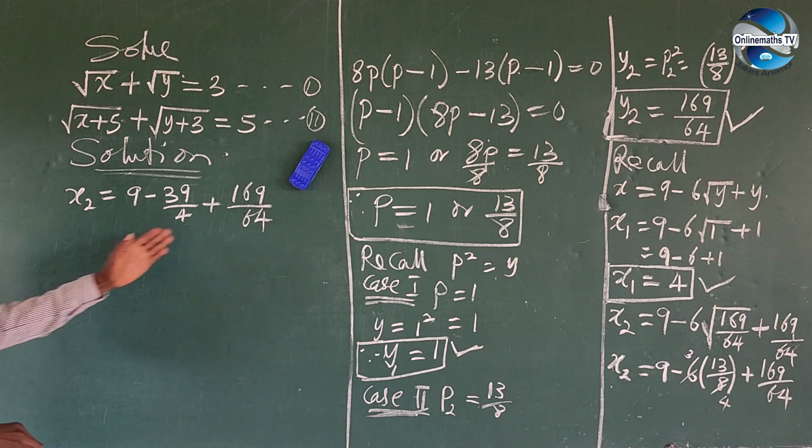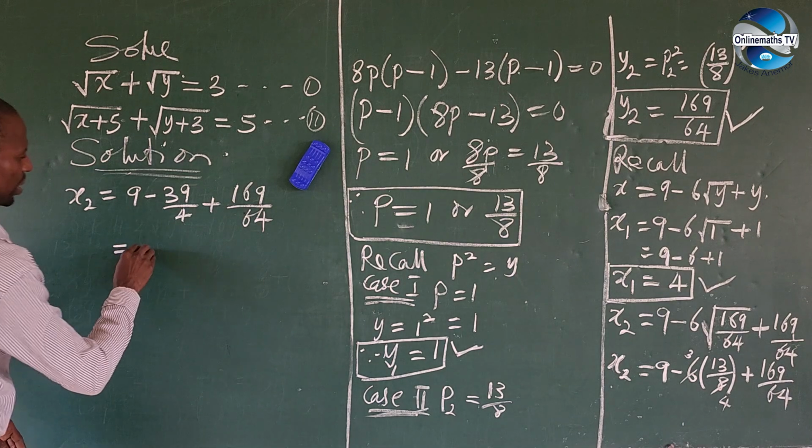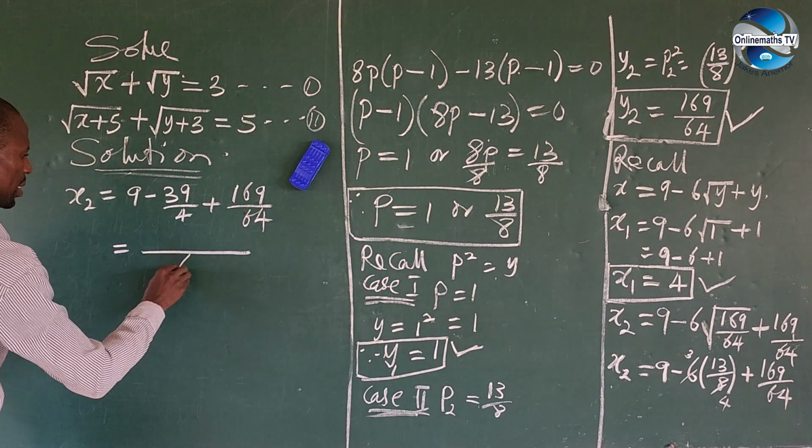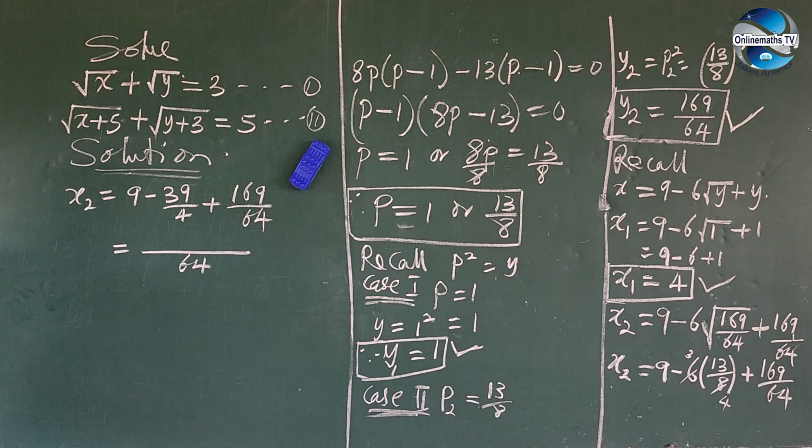Okay, of course we know the LCM here will be 64, right? So if we simplify this, we have 64, 9 times 64, because this is all divisible. So 1 here will give us 64. 64 times 9 will give us 576.